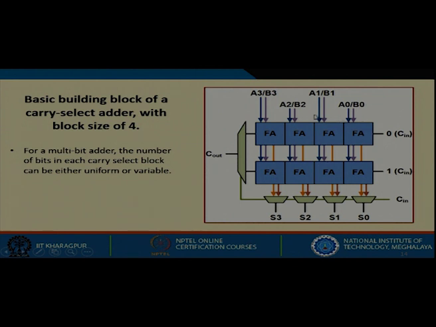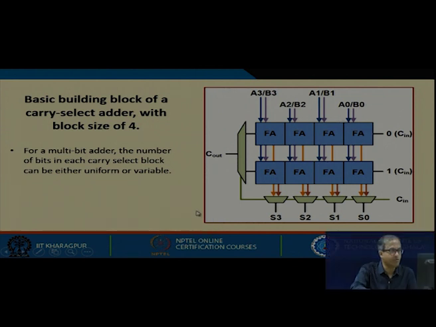So I am showing a schematic diagram of a 4-bit carry select adder. You can see here I am assuming that it is a ripple carry adder kind of thing, 4 full adders. There is another adder. The first one is assuming carry in is 0, second one is assuming carry in is 1. So the 2 sets of full adders are generating the sums. The first one is this orange, this is this brown.